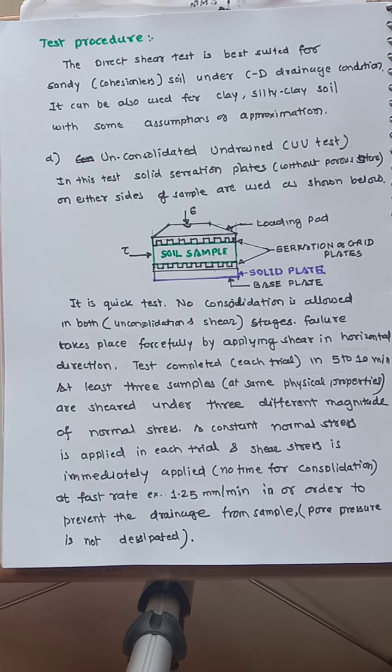Total stress is 40. If there is a water table, then find out the effective stress. So that should be the normal stress, that is the final normal stress. Earlier trials you can reduce by half. Suppose it is 4, then you can put 2, then you can put even 1 also. Okay, in this way the normal stresses are decided.